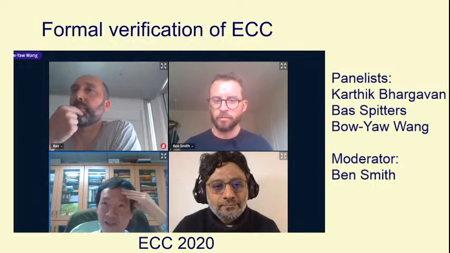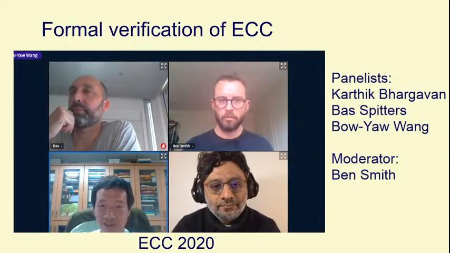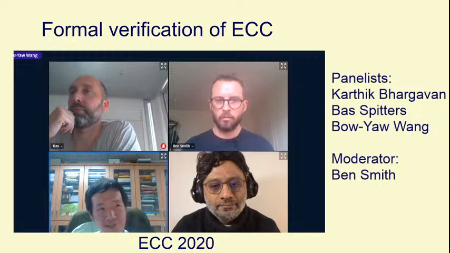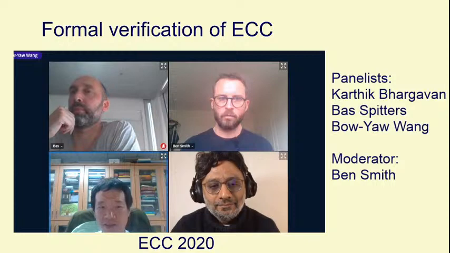So we are doing semi-automated code verification in our group, and I think it's probably fair to say that for this very low-level arithmetic code, even in assembly, at least for ECC, we've done pretty much all the code we can find.